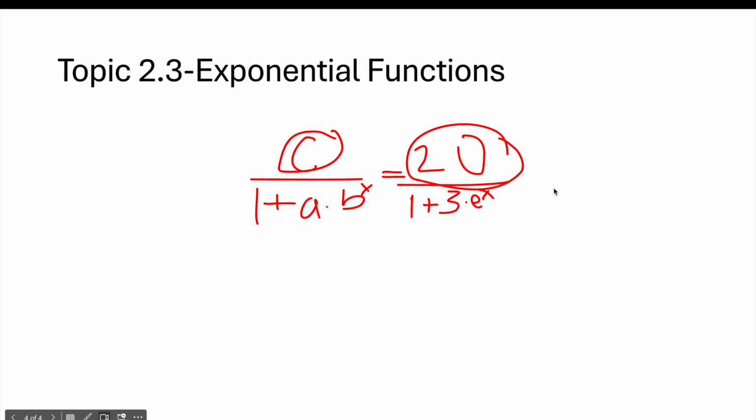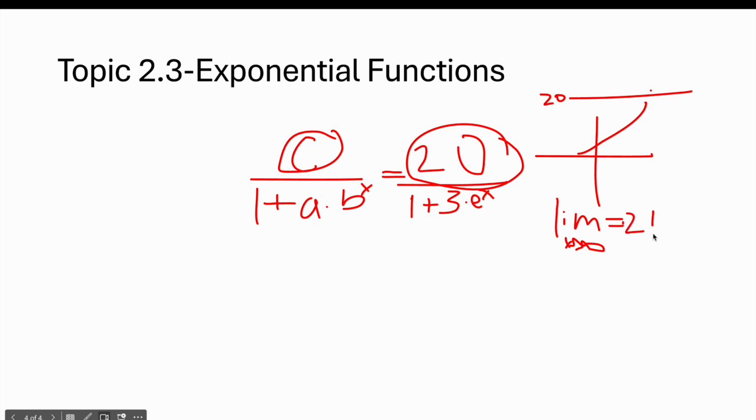Our graph won't go past this point, which is 20. So we will draw our limit as x approaches infinity. Our limit is bound to 20.